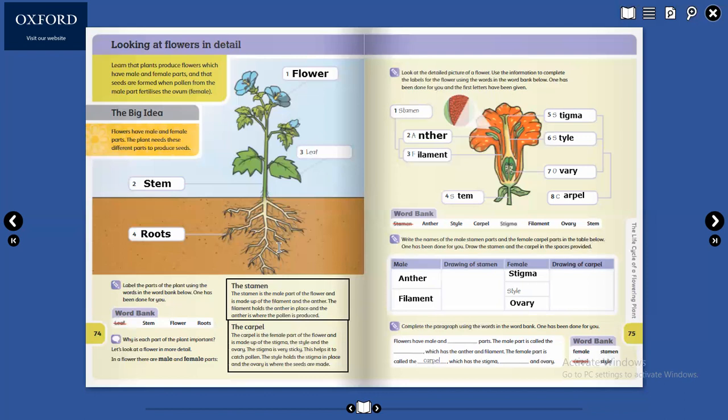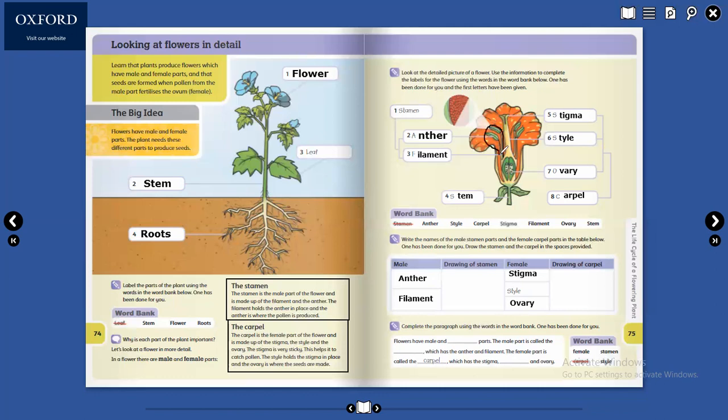The left side of the flower is the male part and the right side is the female part. Ovary, style, and stigma are the parts of the female part, which is the carpel. The anther, which is the stamen, is the male part, and it has two parts, anther and filament.